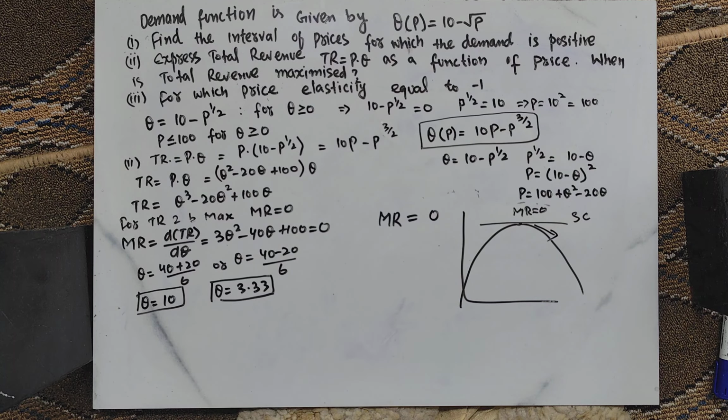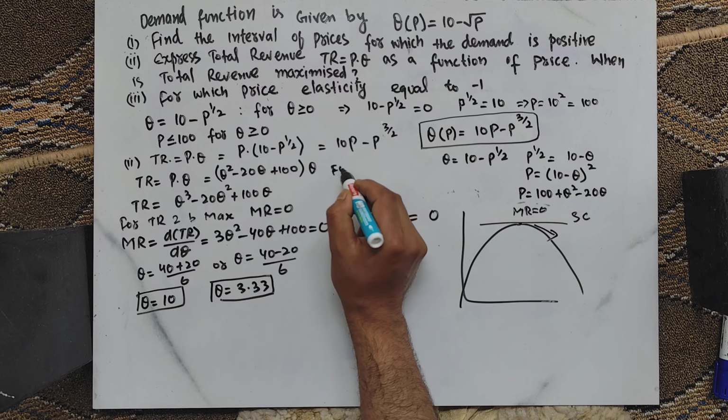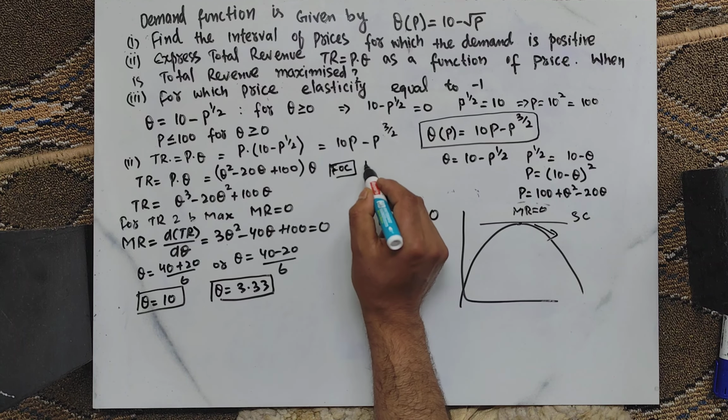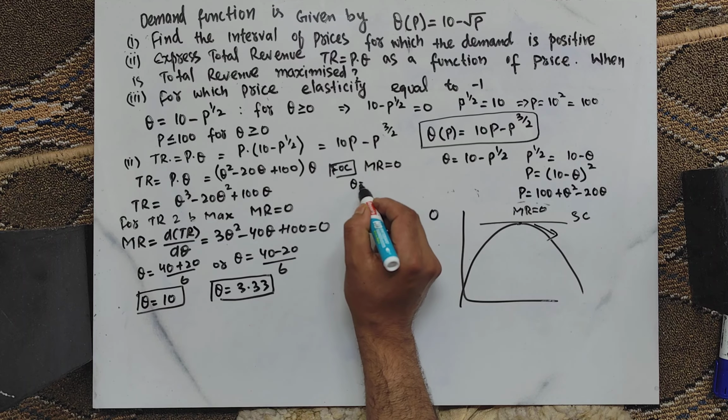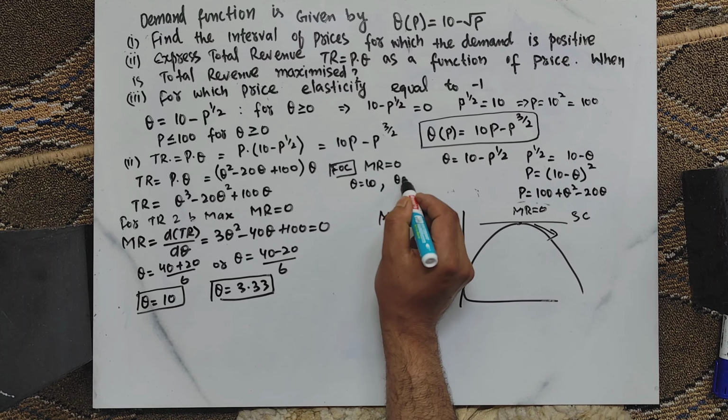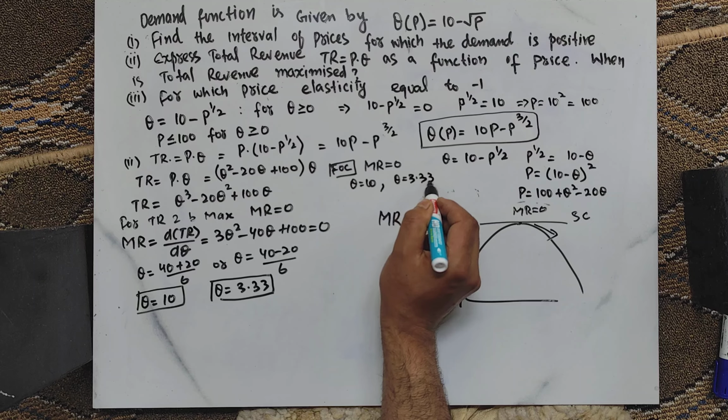So the first order condition for maximum was marginal revenue equal to 0. For that we got two values, Q is equal to 10 and Q is equal to 3.33.